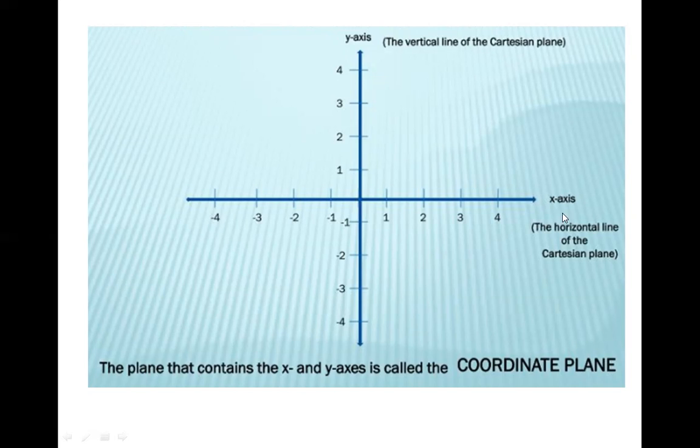The horizontal line is called the x-axis, the points of which are positive to the right and negative to the left from the origin. The vertical line is called the y-axis, which is positive going up and negative going down from the origin.